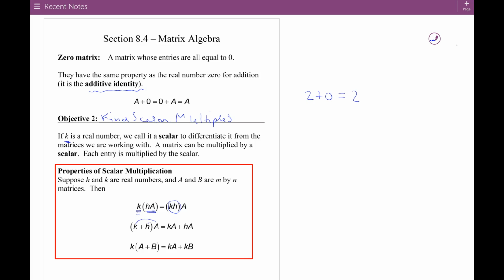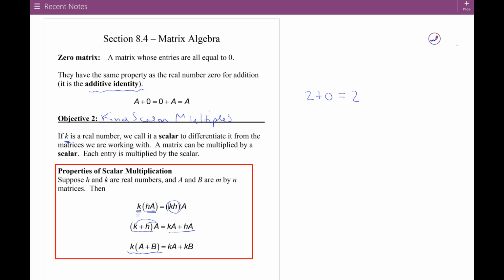You can distribute scalar multiplication and get this logical looking result, but we have to write it two different ways because this first one says you can add the scalars together and then multiply, or you can multiply by each scalar and then add the two matrices together.